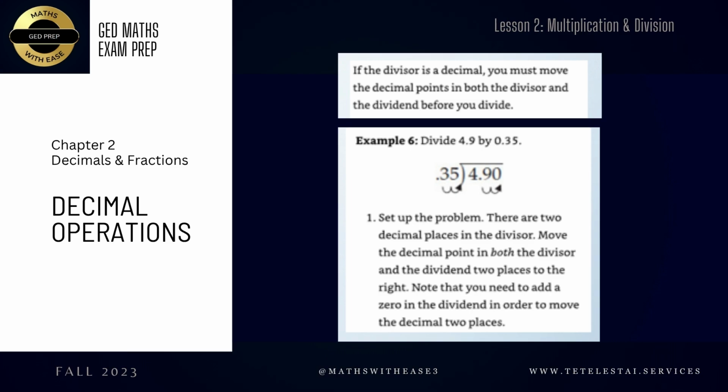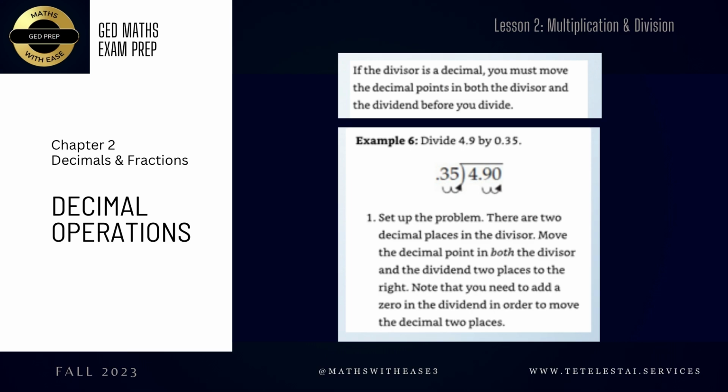So let me start over with this portion of the lesson. If your divisor happens to have a decimal point, you want to move the decimal point in both the divisor and the dividend before you start to divide. So in this case, we're being asked to divide 0.35 by 4.90.